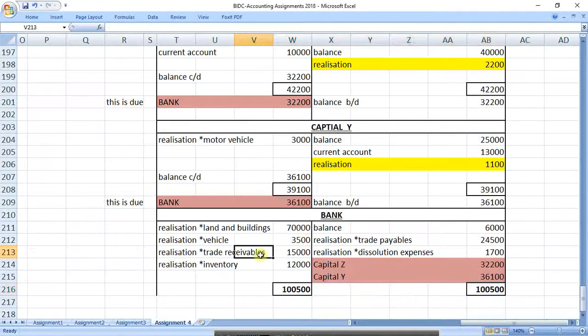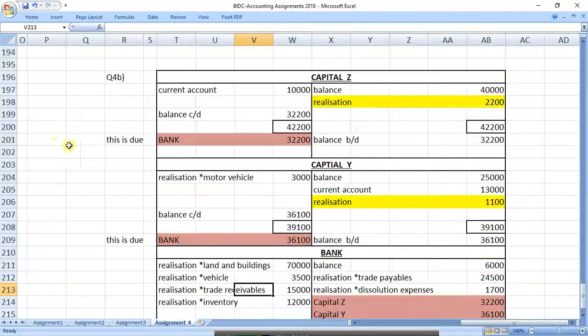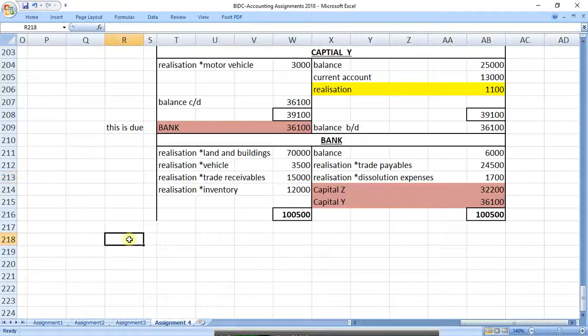Yeah, then so that question is done now. Yes, B. So this is B. State 2 reasons why a partner may have an overdrawn current account. Okay, so what are they saying? They're basically saying, what are the 2 reasons that an owner has a current account that's debited?